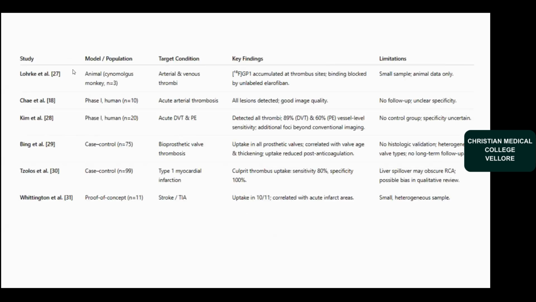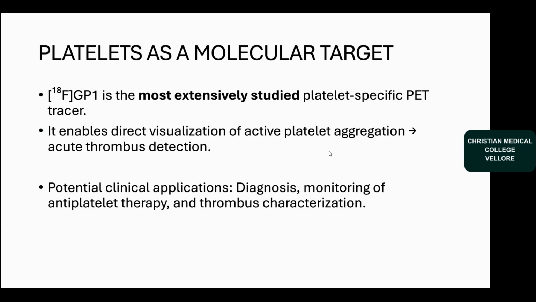These are some of the studies that have been done with this new radiotracer. F18 GP1 is the most extensively studied platelet-specific PET tracer. It enables direct visualization of activated platelet aggregation, which might tell you that it is an acute thrombus. The potential clinical applications include diagnosis, monitoring of antiplatelet therapy, and thrombus characterization.